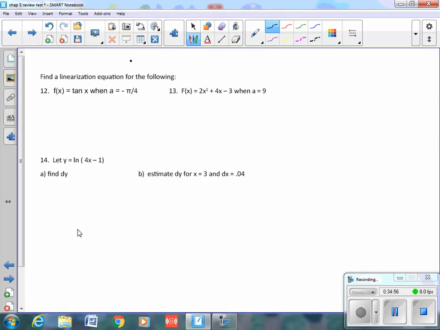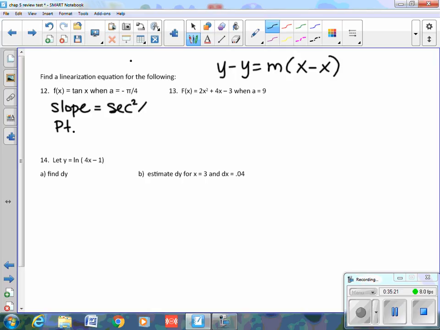Number 12. Find the linearization equation for the following. y minus y1 equals m times x minus x1. Step 1, you need to know how to find the slope. Step number 2, you need to know how to find the point. To find the slope, another name for slope is derivative. So isn't the derivative of tangent secant squared x?